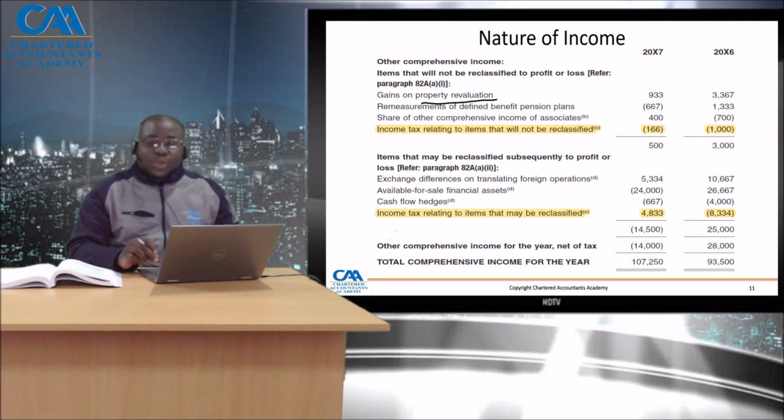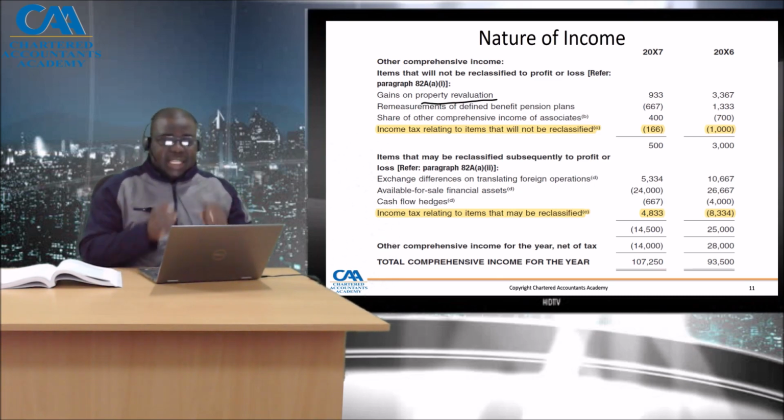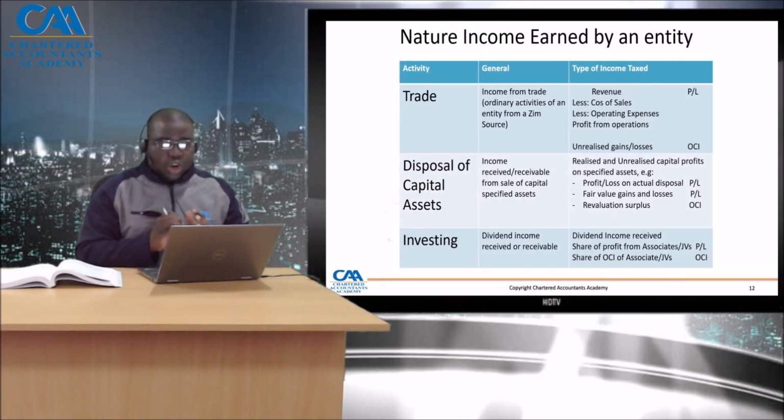So, if we want to go back and really look at how an entity earns income, an entity earns income from trade, coming from ordinary activities or primary activities of an entity. As shown, an entity makes income from disposal of capital assets, which is income received or receivable from sale of capital specified assets.